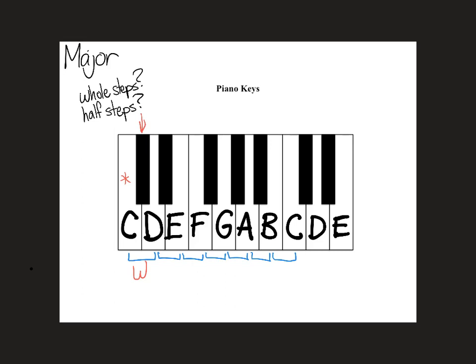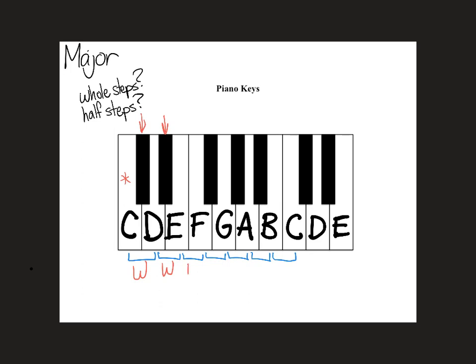Moving on to D to E. Is that a whole step or a half step? Same answer. That is a whole step because there is one note in between D and E. Now, what about in between E and F? That's right, kids.